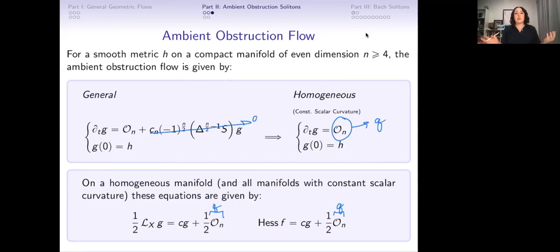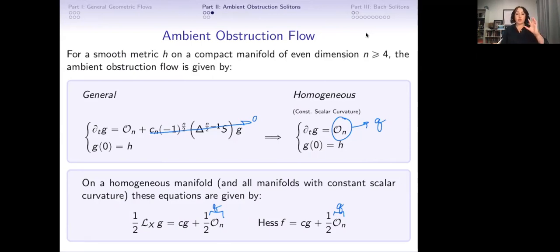Broadly speaking, I think this is one really helpful way to work in differential geometry: focus and pare down my study so that I am dealing with the nicest things, so that later, once I have results here, I can expand those back out. That's the approach that I took when looking at ambient obstruction solitons. And as the study continues, we will open it up to a broader class of manifolds. But for now, we're sticking to the homogeneous case.